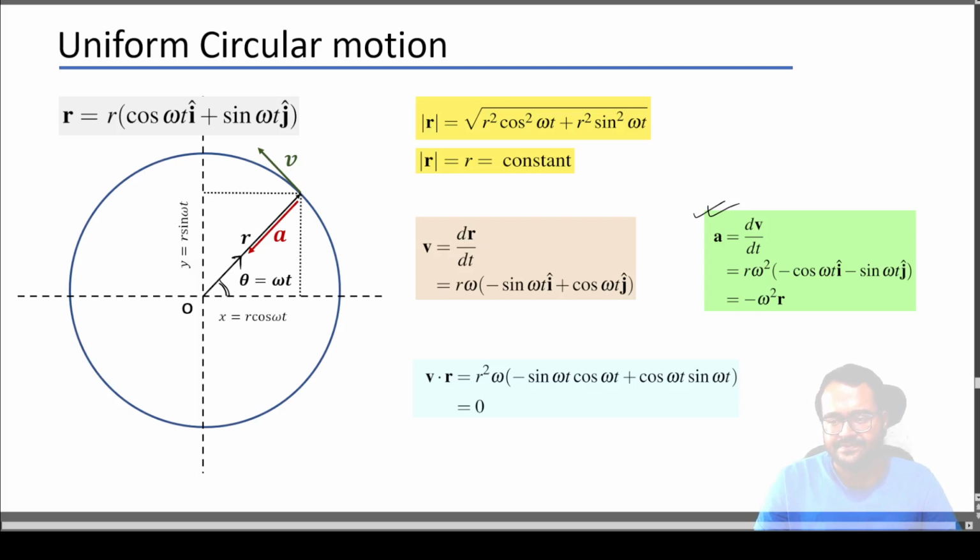Okay, that's simple. Just starting from a vector, what I did is I wrote uniform circular motion as a vector. Just define your position vector of uniform circular motion like this, and if I define your r like this, all the results come directly from it.